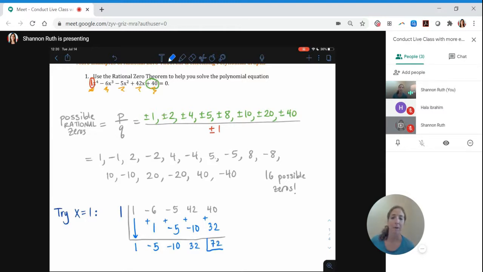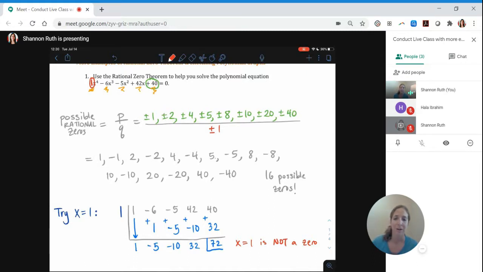So our desired remainder, of course, is not 72. Our desired remainder is 0. So since we did not get a remainder of 0, this is not going to work. So x equals 1 is not a 0. And we know that because it didn't go in evenly. We didn't get a remainder of 0 when we did our synthetic division.